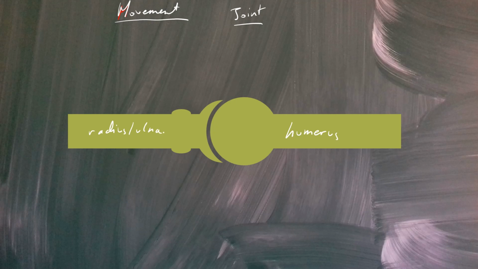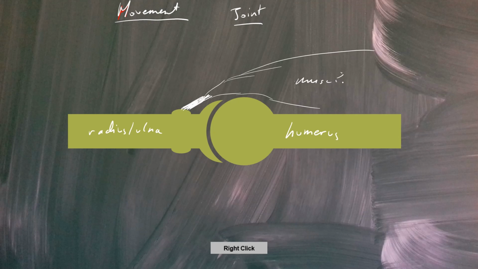But what I want to do now is move the radius and the ulna. And what you have here is muscles. They have to pull on the bones. And these are the so-called tendons. These tendons essentially connect the muscle, which I have here, to the bone.